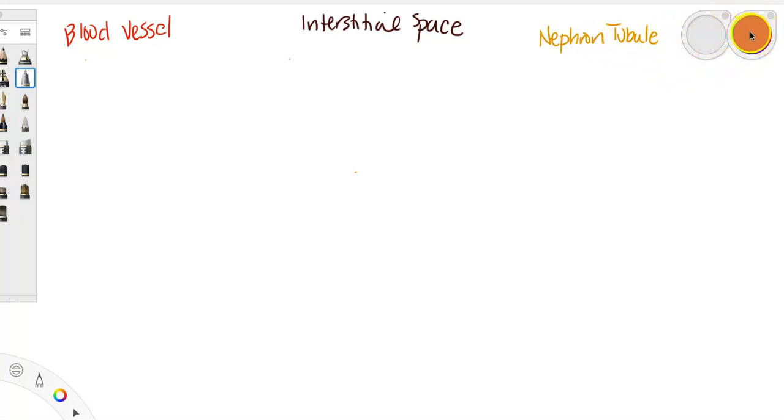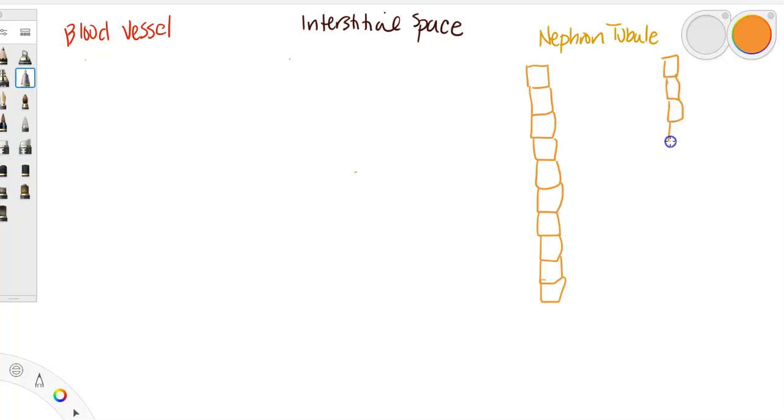So these spaces are made by cells, right? So the kidney tubule, remember the nephron itself, this is the nephron.